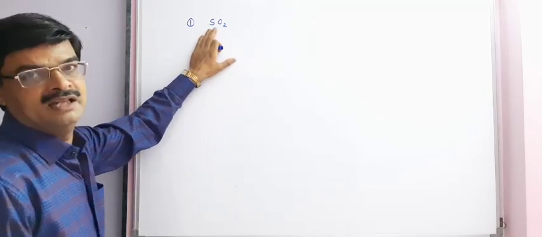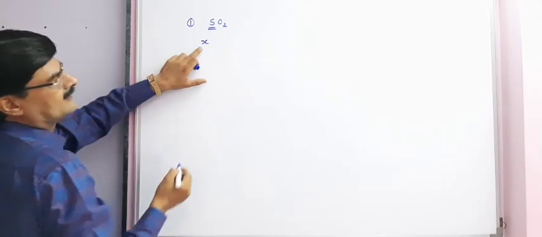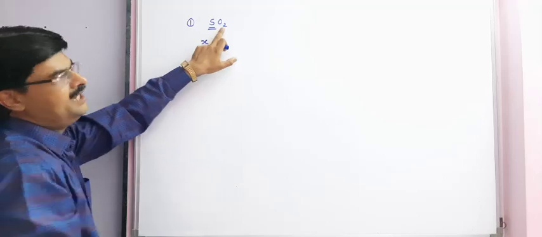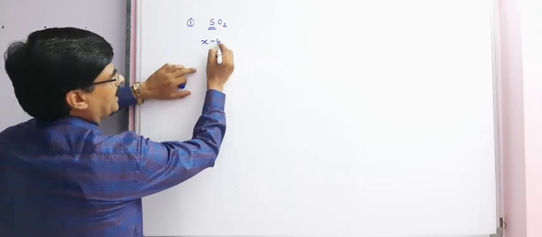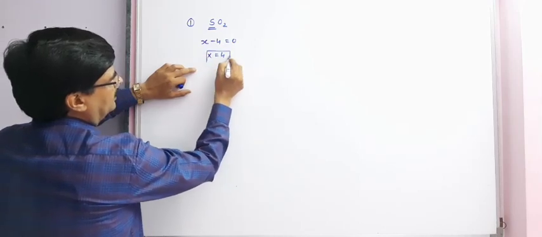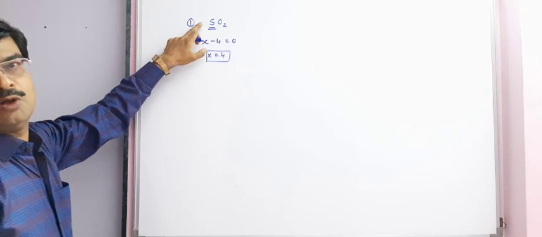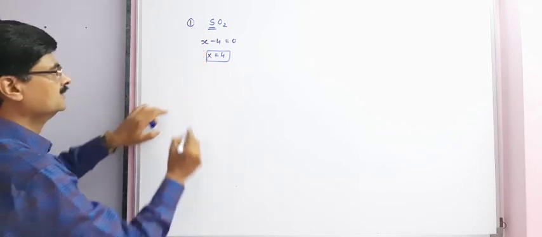First we understand SO2. For sulfur, suppose X, and for each oxygen we take -2. So X minus 4 is equal to 0, X is equal to 4. So the oxidation state of sulfur in SO2 is 4.